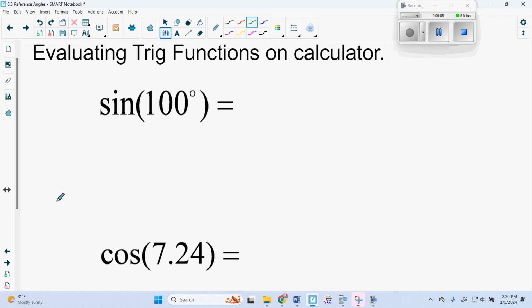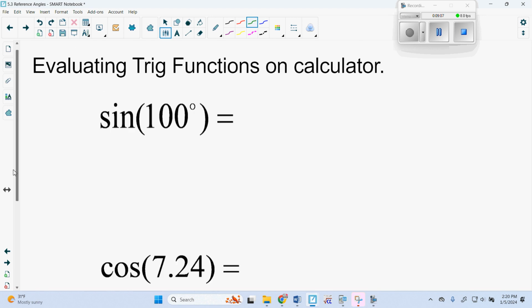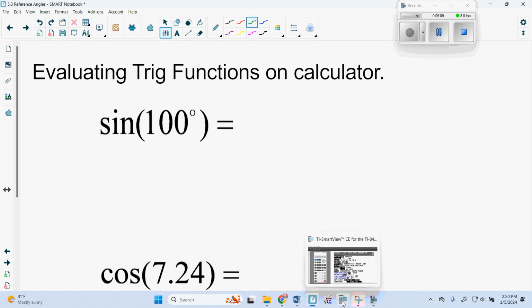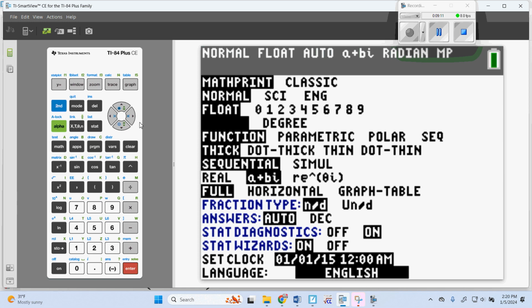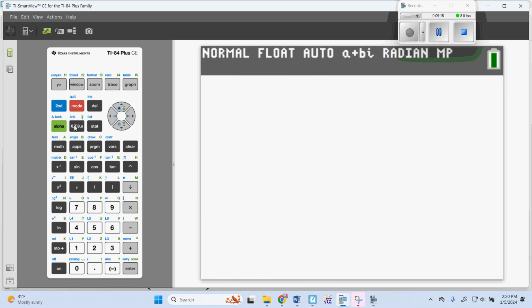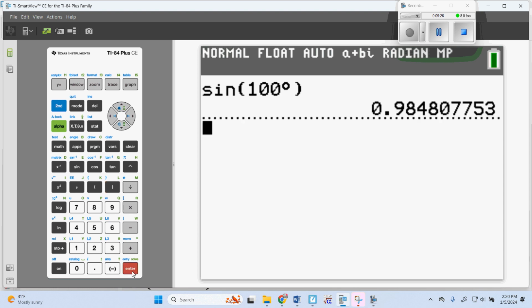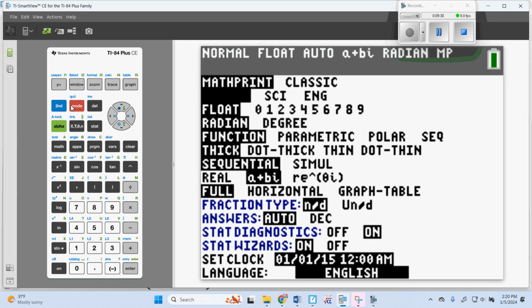If you have the cosine of 7.24, you have to make sure you're in radians. And if you remember, one way to do this is to leave your calculator in radians, and then if you want to do sine of 100, you can tell it the angle is in degrees to make it sine of 100 degrees. It gives you the right answer, even though my mode is in radians.